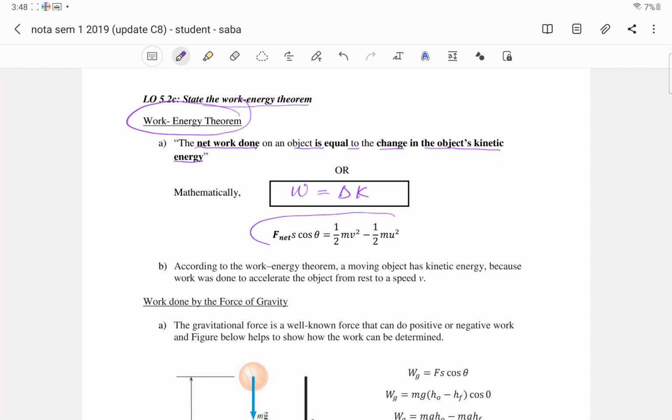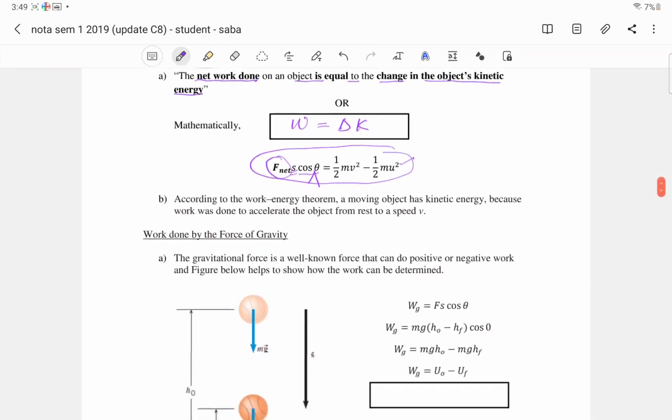So this is the basic formula for the work energy theorem, where this is F net times S cos theta, where theta is the angle between F and S. This is the change in kinetic energy.